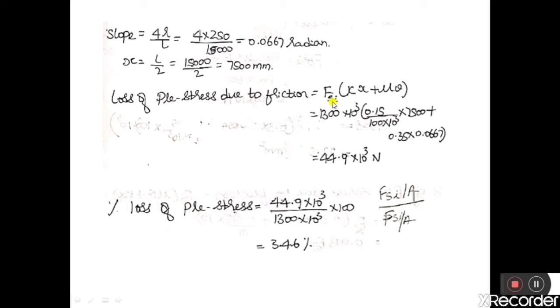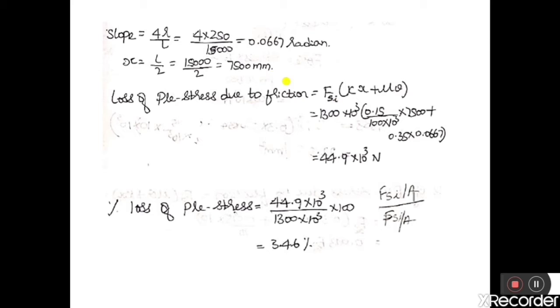So Fsi, initial prestress, is not given. We know that stress is equal to force by area. Force is given and we can calculate the area, or else we can keep A as it is without substituting any value. So here I am going to substitute Fsi, that is initial prestress, as initial prestressing force by area.